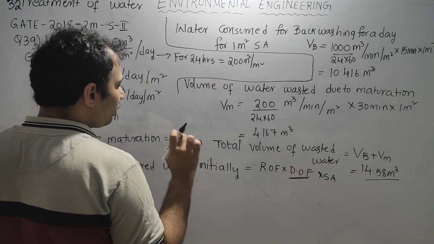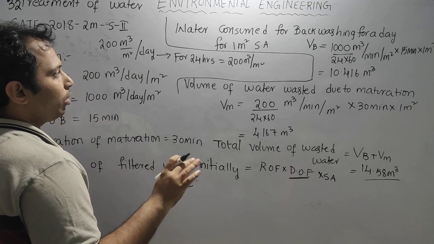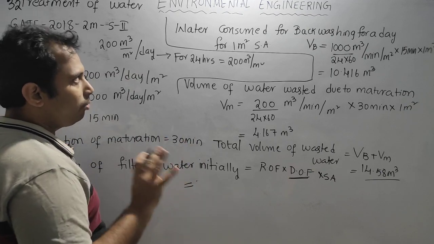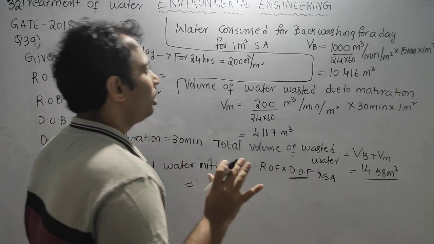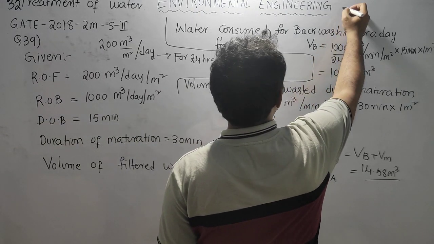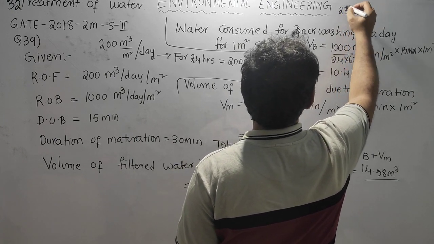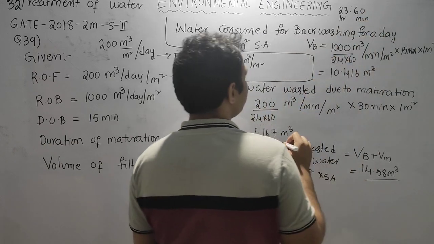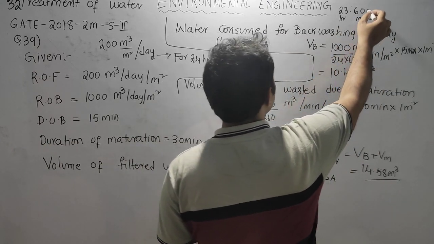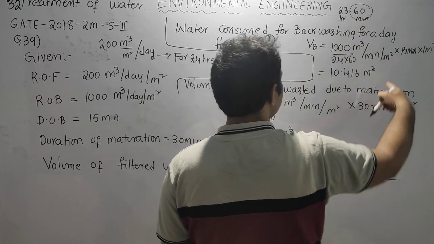But now it is not working for 24 hours. It is working for less than 24 hours. That is, deduct 40 minutes. From 24 hours, 24 hours means 23 hours 60 minutes, right? 23 hour 60 minute is nothing but 24 hour. In this 60 minute, 45 minute it is wasting for backwashing and maturation.